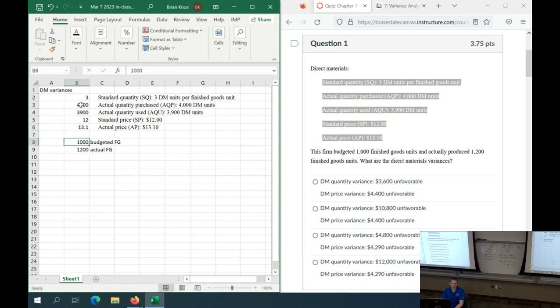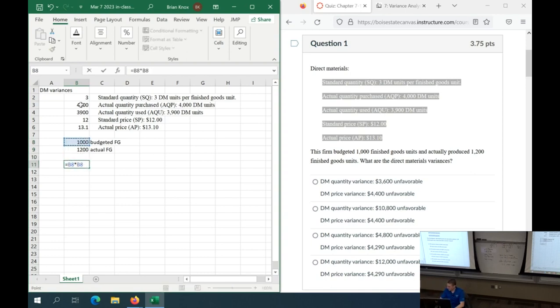I'm going to be tempted to multiply that by the 1,000 and say, oh, well, it's budgeted. I need a budgeted quantity, so the standard quantity times a budgeted quantity. That should give me 3,000 quantity of DM units. That's the far right-hand side. Too far for what we're looking for. It's the static budget. That's wrong. That's what you're going to be tempted by.